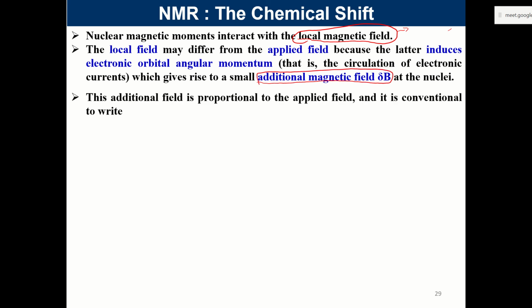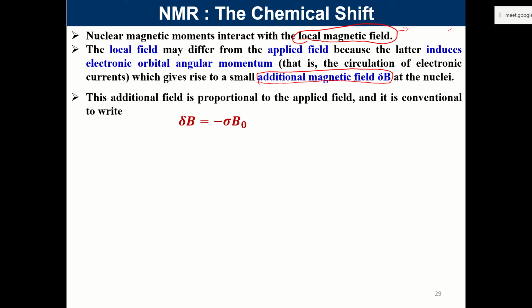This local field is important to understand. For the same nucleus, say a proton, hydrogen-1 nucleus, under different conditions, if the bonding situation changes you will have a different local field produced, and that will shift the Larmor frequency. It will be different for the two different environments.